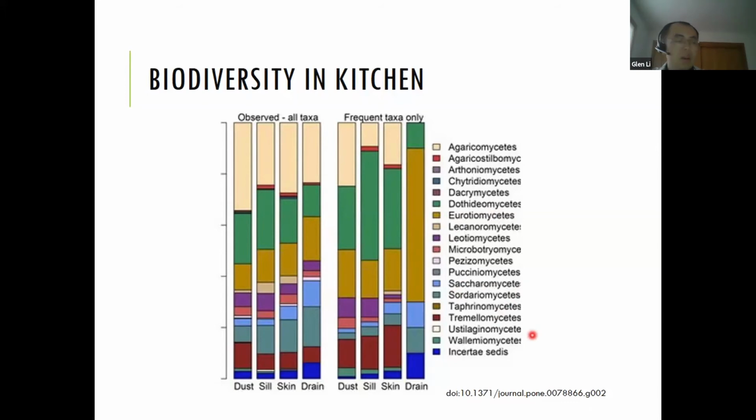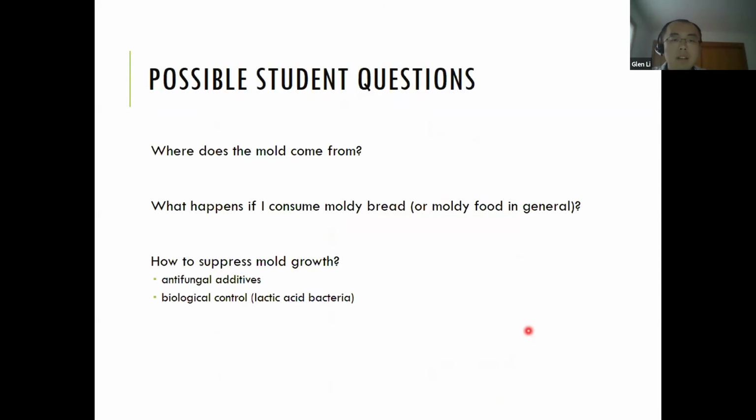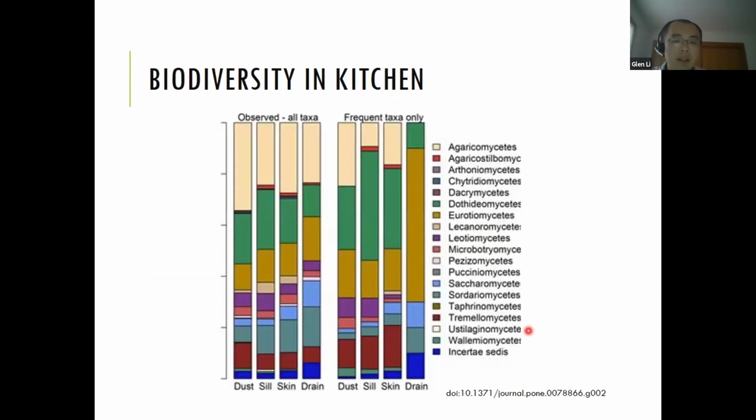When it comes to growing on breads, certain types of molds or fungus species are more advantageous. That's why we see more of them rather than others. I think I removed the other slide because it's a little bit hard to interpret.